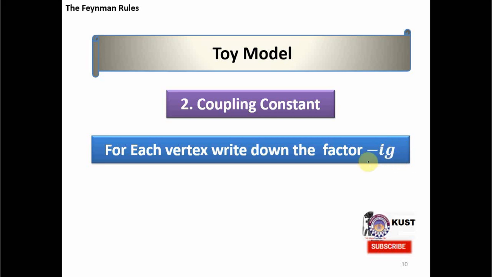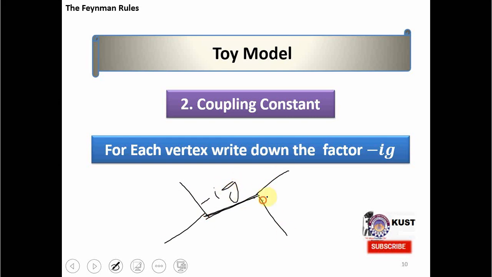It depends upon which vertex you have there, but generally we can say that for each vertex write down the factor minus ig. So for example, if you have only one vertex, for example in this diagram, you see we have only one vertex, so we will write only one minus ig. But if you have two vertices, there will be another factor of minus ig.